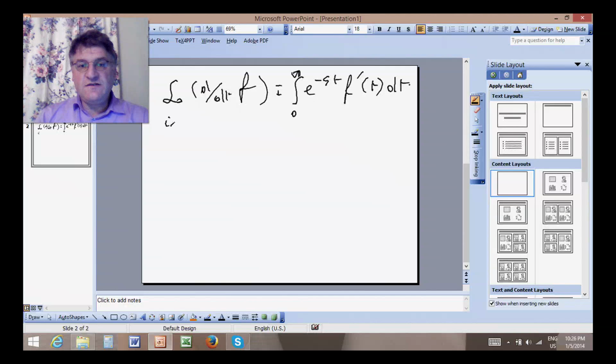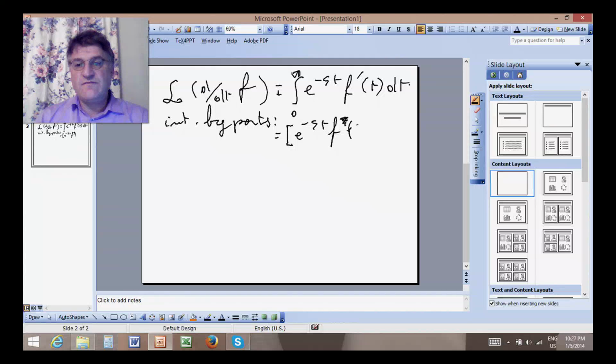Now we integrate by parts, and what do we get? That is equal to, on the one hand, e to the minus st f of t between 0 and infinity, minus the integral from 0 to infinity of minus s e to the minus st f of t dt.